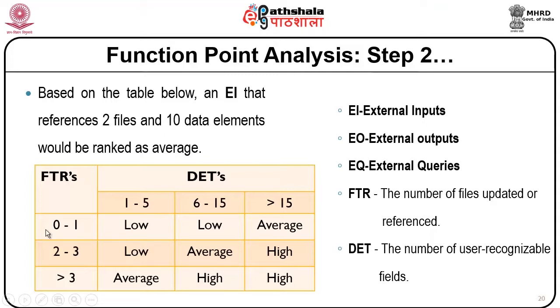If the number of files updated or referenced is 0 to 1 and the number of user recognizable fields is 6 to 15, it is ranked low.